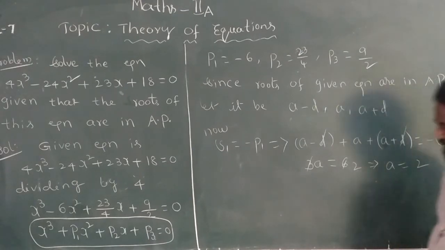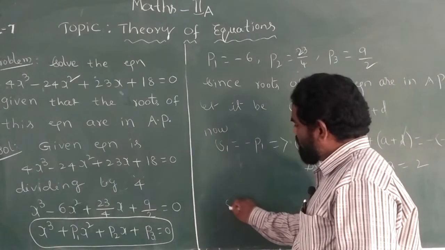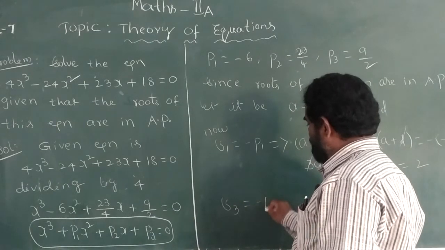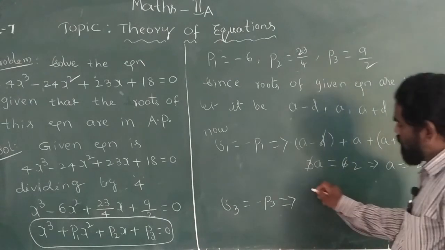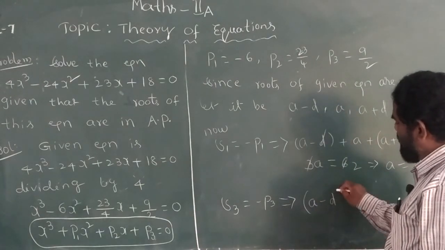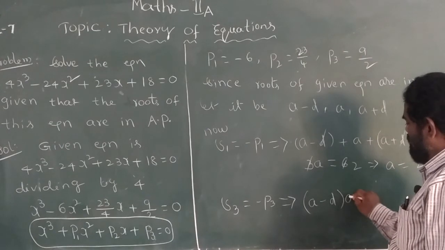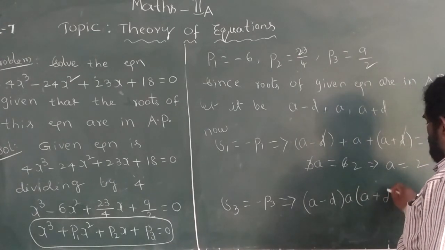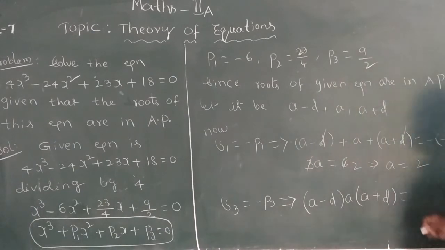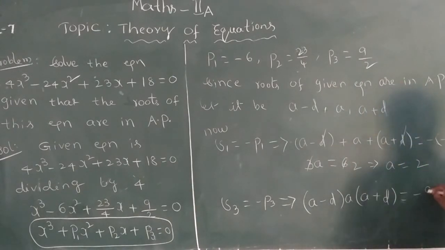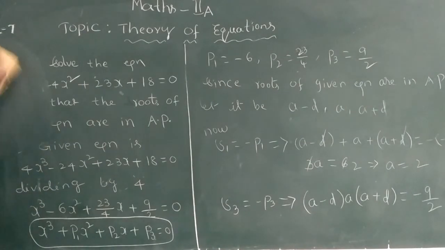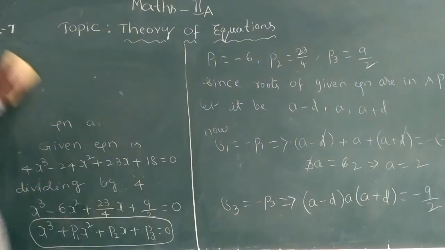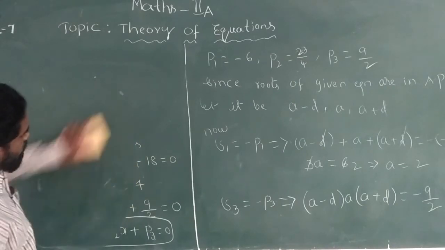Okay. Now again, product of the roots. S3 equal to minus p3. Product of the roots: a minus d into a into a plus d equal to minus p3, minus 9 by 2.